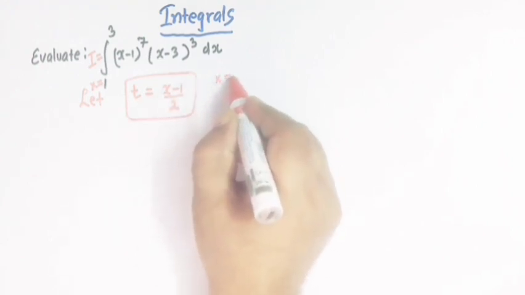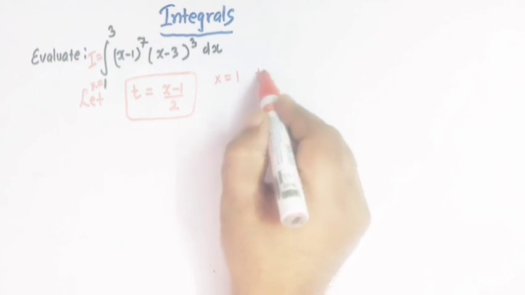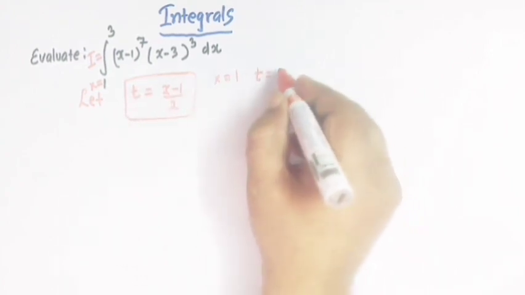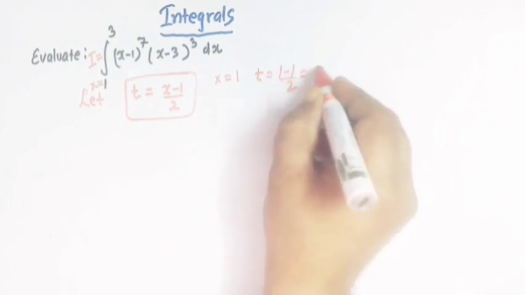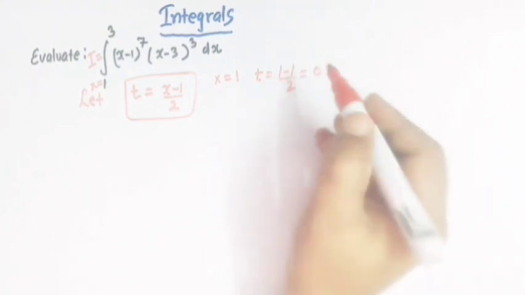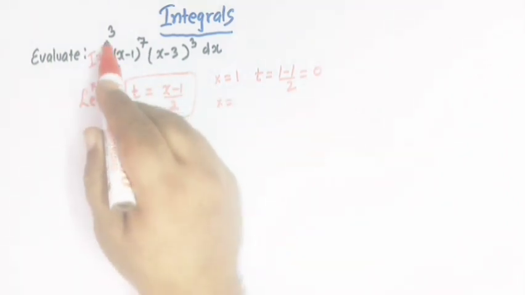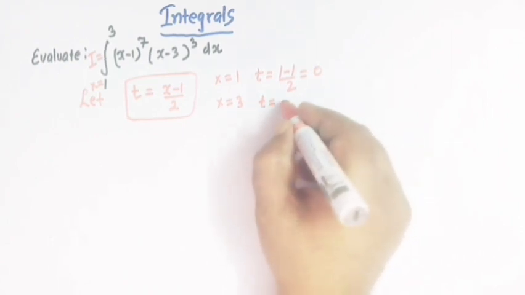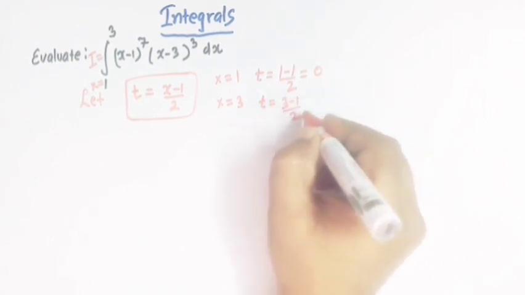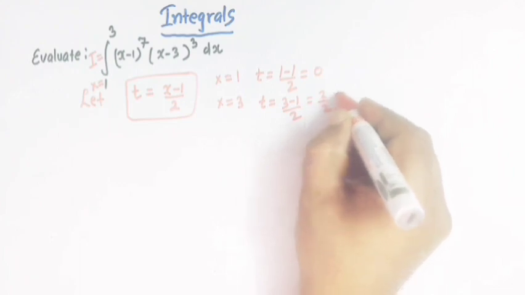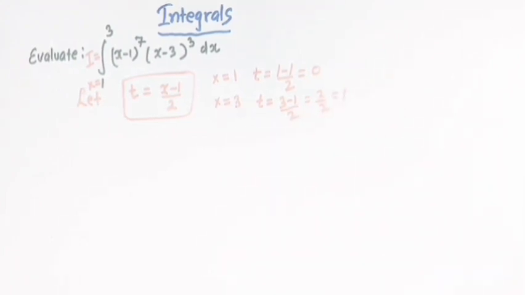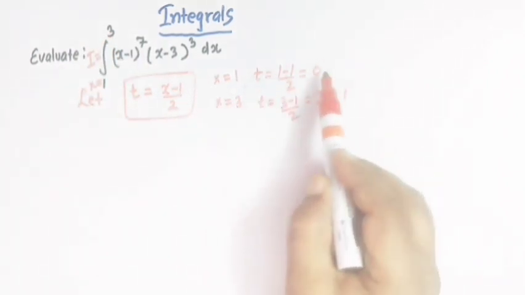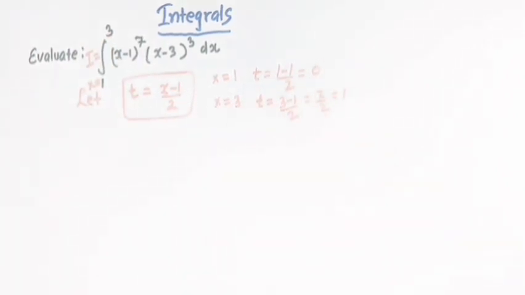So when x is 1, then the value of t can be obtained by taking x is equal to 1 in this expression. So we have 1 minus 1 over 2, that is 0, because 1 minus 1 is 0, right? And when x is 3, then we have t is equal to (3 minus 1) over 2. This is 2 over 2, that is 1, right? So when x goes from 1 to 3, then t goes from 0 to 1.